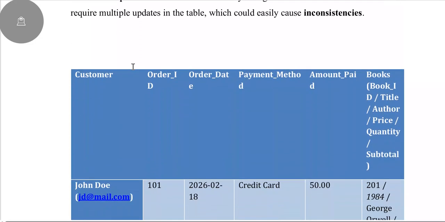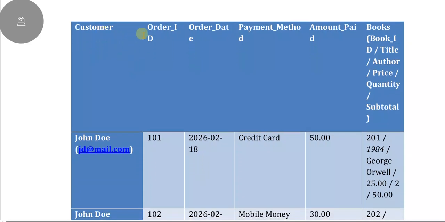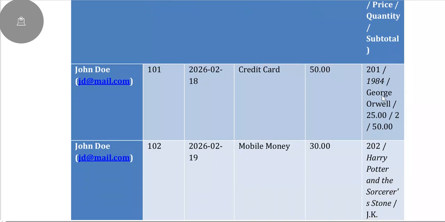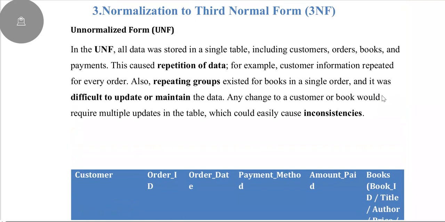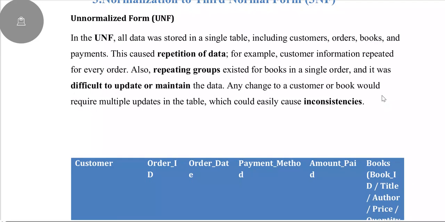As you see in this table, the customer, order, book, and author are stored in only one field. Also, repeating groups existed for books in a single order, and it was difficult to update or maintain the data.